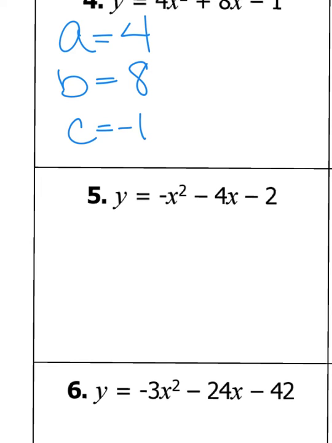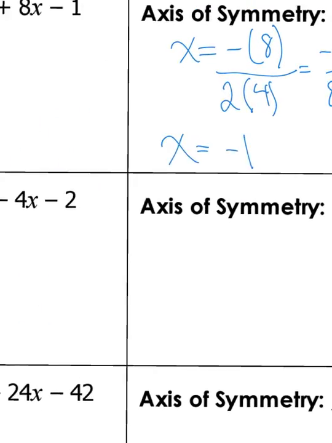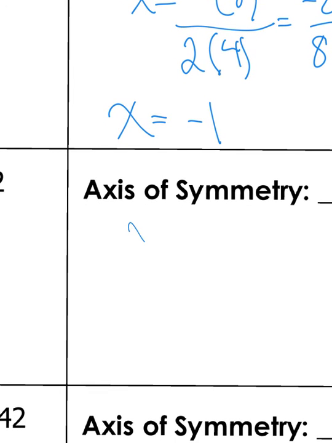All right, last example, and then you can stop listening to me and go on. So a equals -1, b equals -4, c equals -2. For the axis of symmetry, again, x equals -b over 2a.